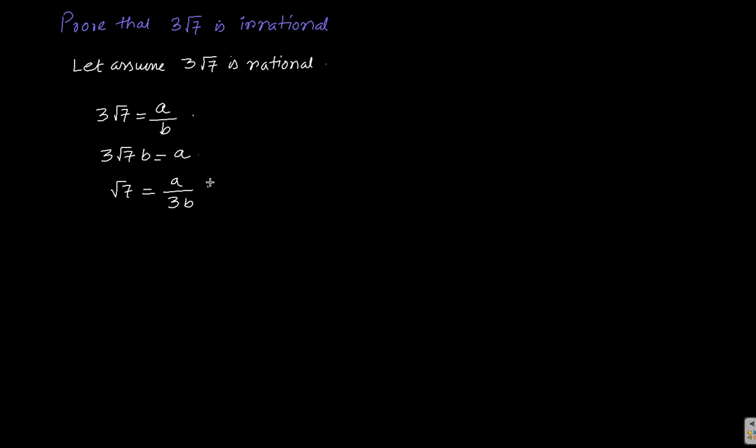Now an important thing, it is very simple. Since a, b and 3 are integers, if a by b is a rational number, then they must be integers.